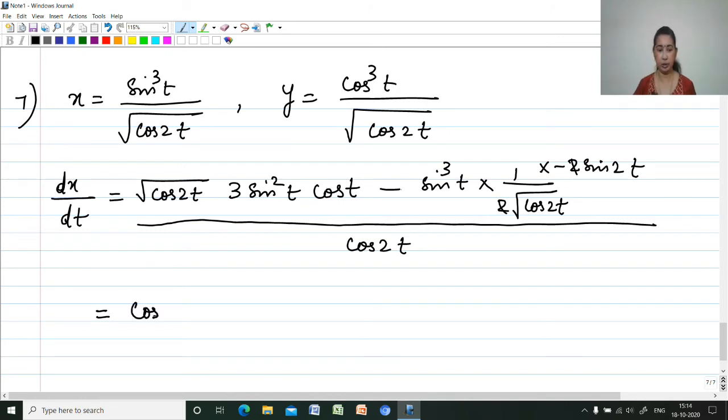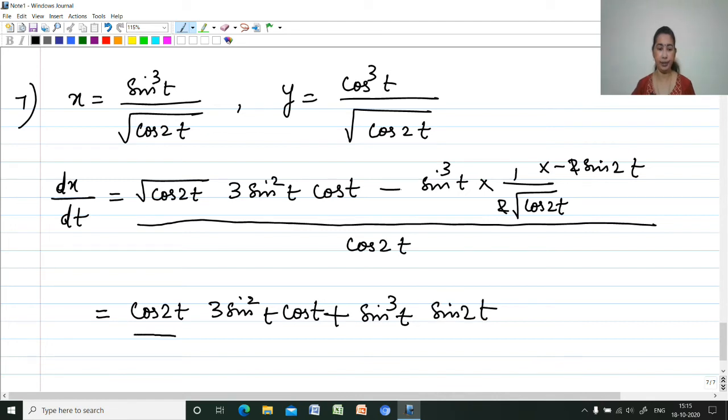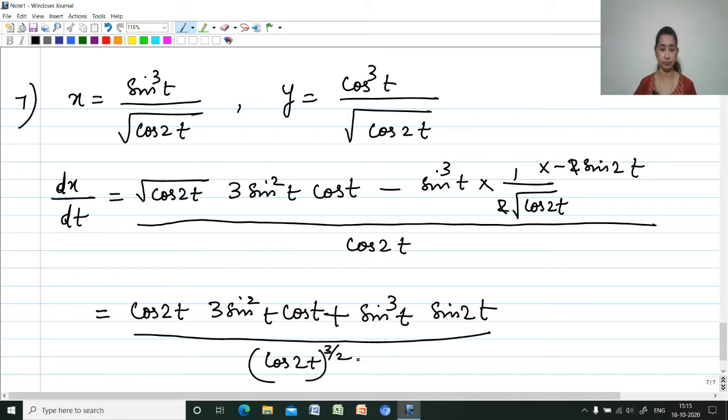So we are getting cos 2t into 3 sin square t cos t, minus of minus plus sin cube t into sin 2t, whole divided by cos 2t into root cos 2t, which is cos 2t raised to 3 by 2.